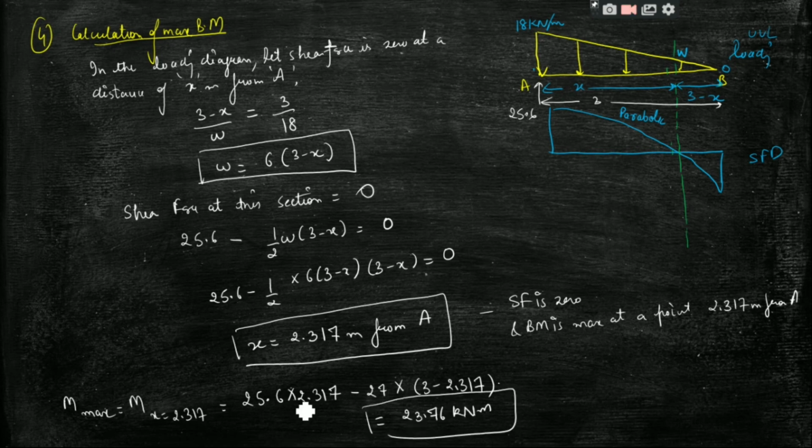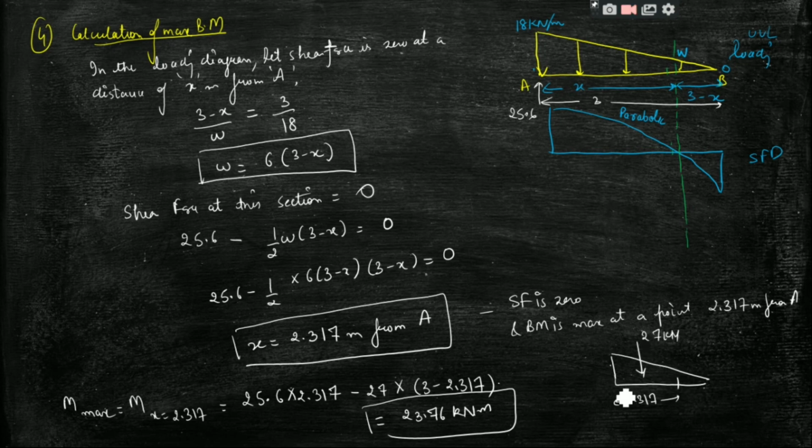So how have I calculated this? I want to know the bending moment at this point, x equal to 2.317, and this load is acting as 27 kilonewton.